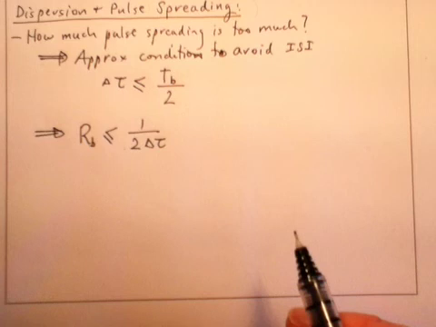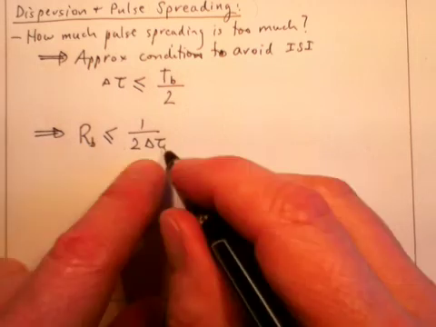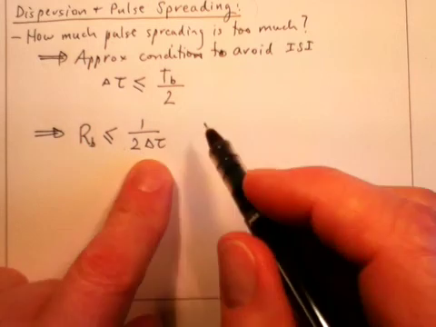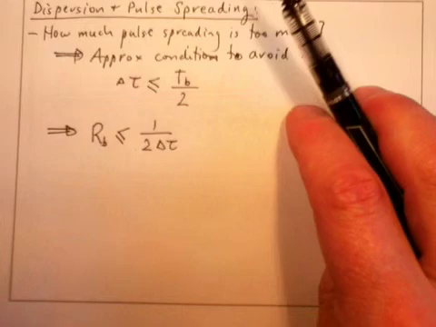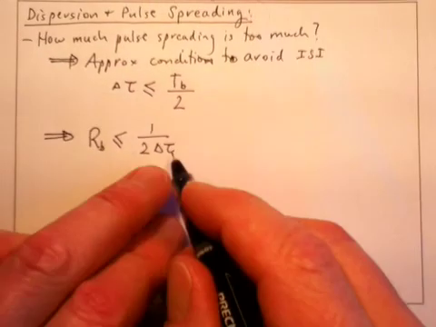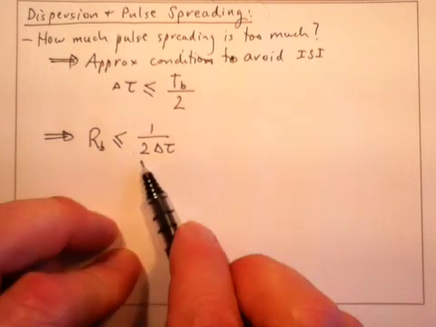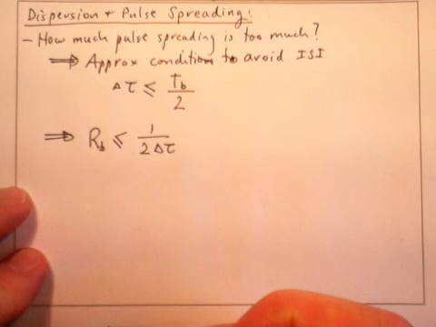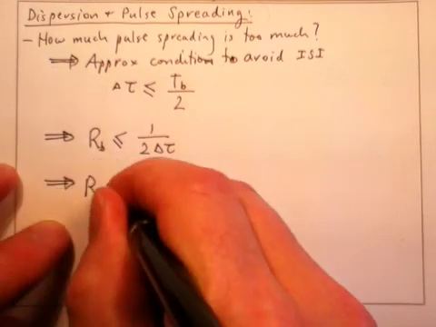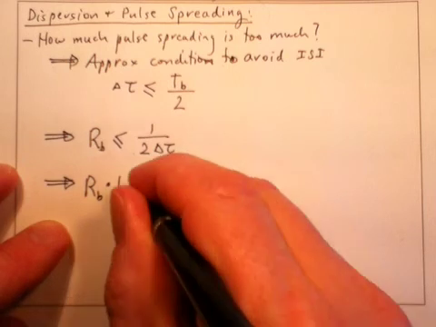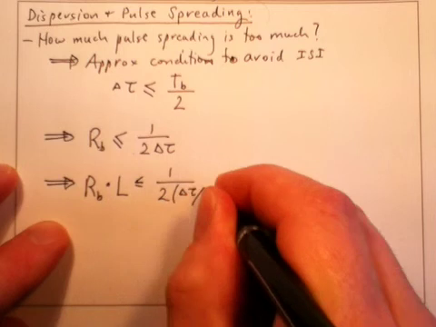And now we're on our way to seeing the bandwidth distance product, because instead of delta tau, we're going to consider delta tau by L. If we write delta tau divided by L here, that means on the right hand side we've multiplied by L, so we'll also multiply on the left hand side by L, and we get R_B times L less than or equal to 1 over 2 delta tau by L, like this.